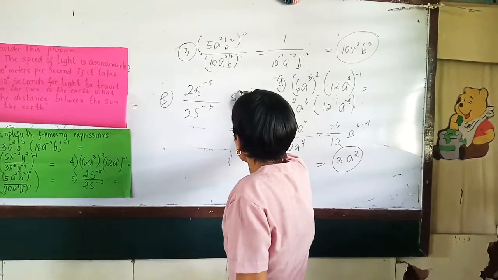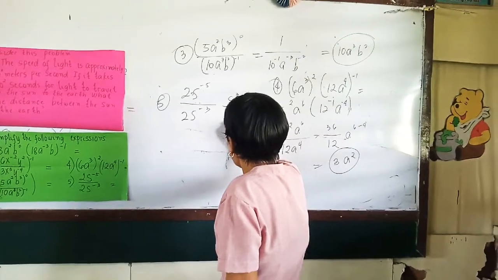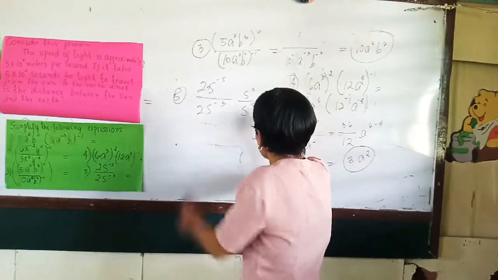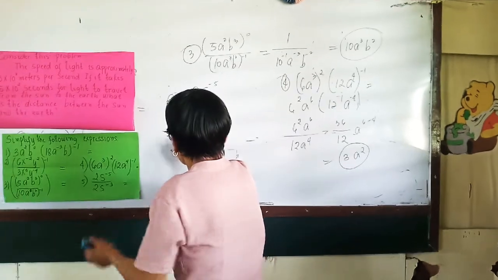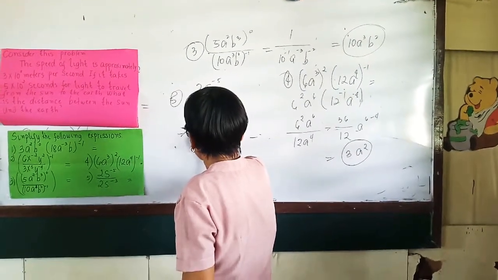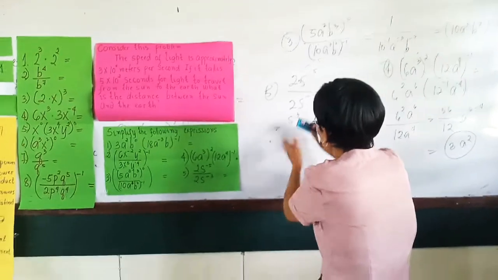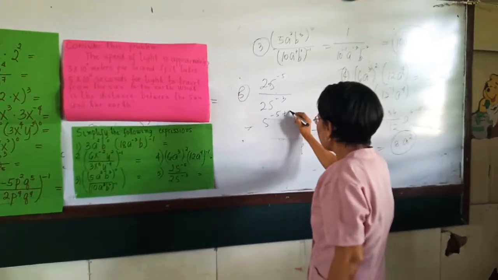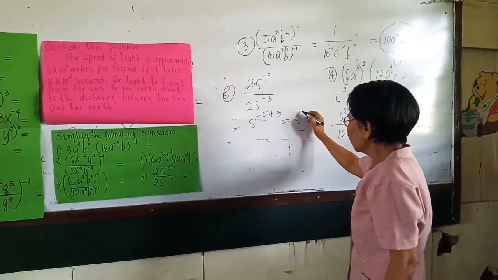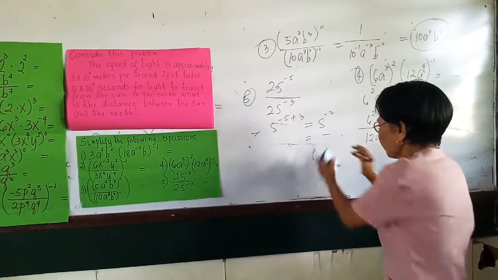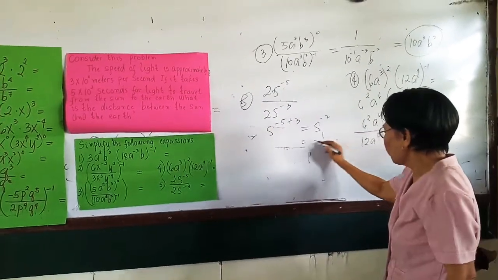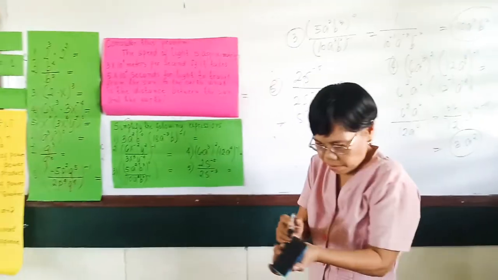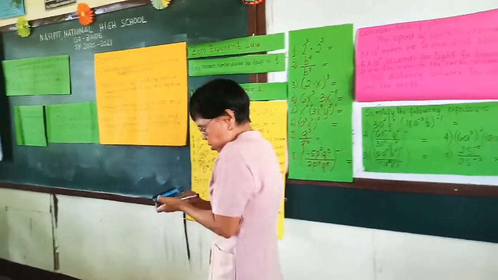So s cubed over s5 equals s negative 2. So S negative 5 plus 3 equals S negative 2. So therefore, the answer is 1 over S squared. Okay. Any question?